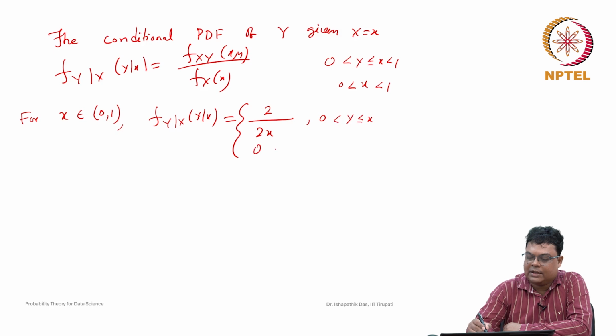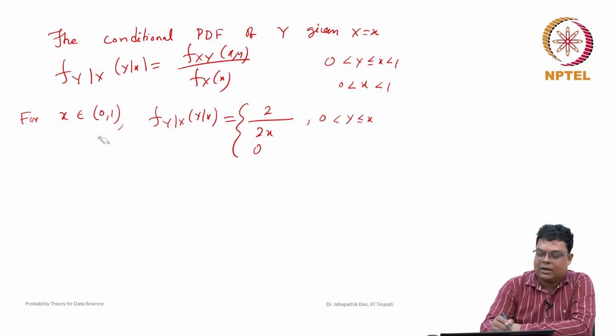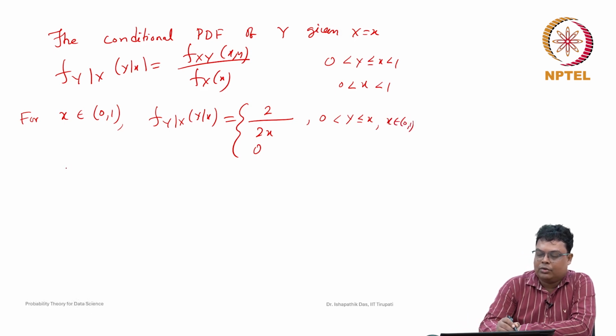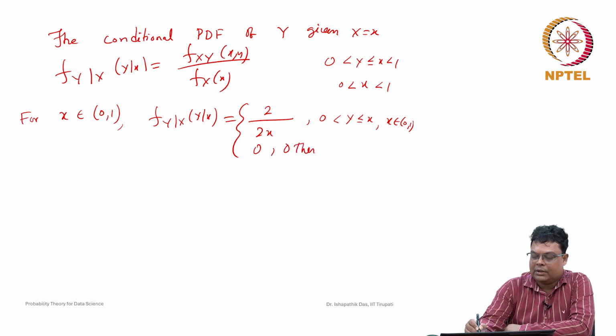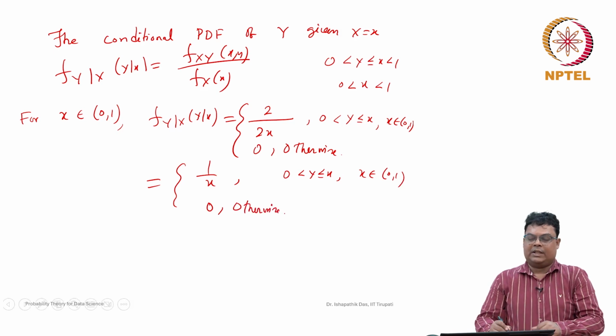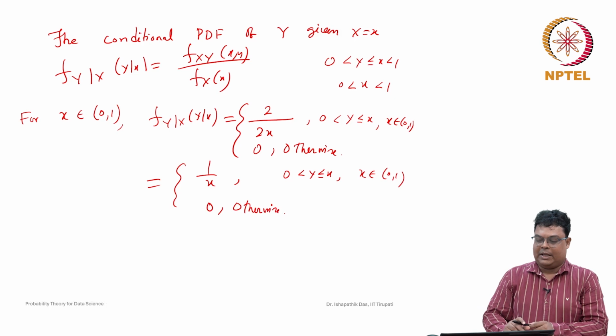If you cancel, this is 1/x, otherwise it is 0. So we can write this for x between 0 and 1, otherwise 0. This is a uniform distribution, 0 < y ≤ x for a particular value of x in (0, 1), and 0 otherwise. This is the conditional probability density function of y given x.